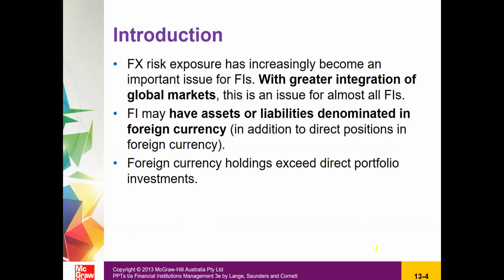In this chapter, we look at how financial institutions measure and evaluate the risk they face when their assets and liabilities are denominated in foreign currencies, and when financial institutions take major positions as traders in the spot and forward foreign currency markets.